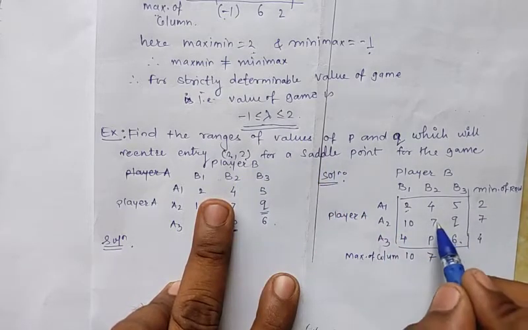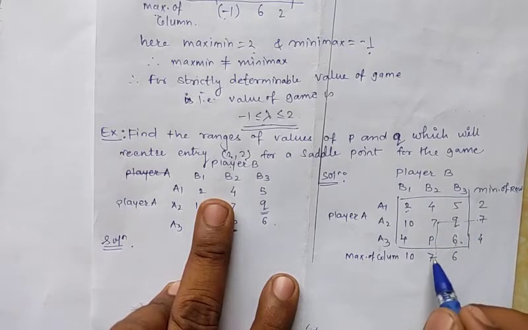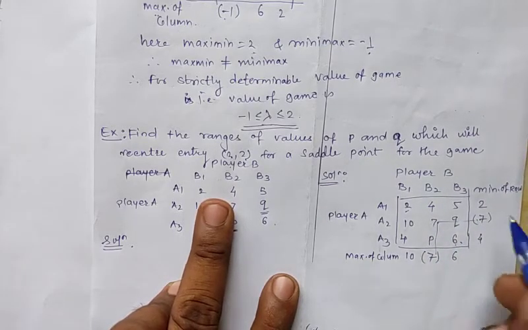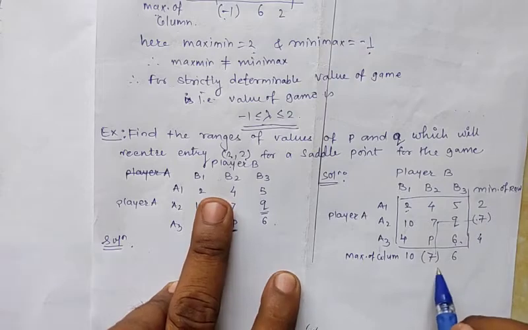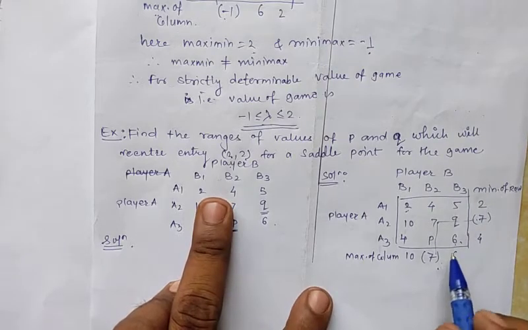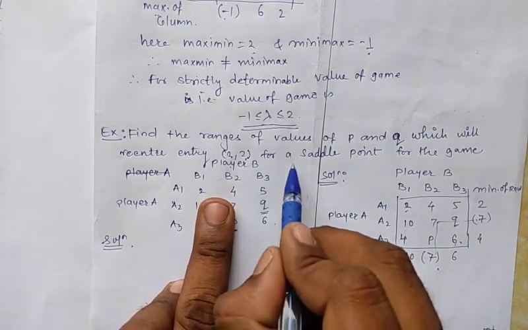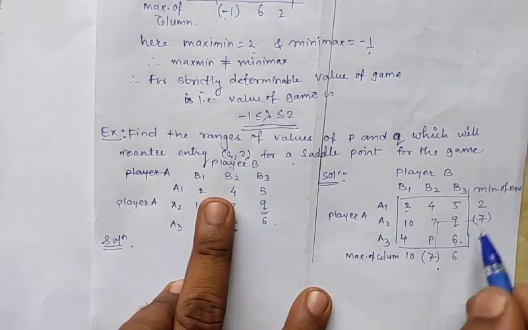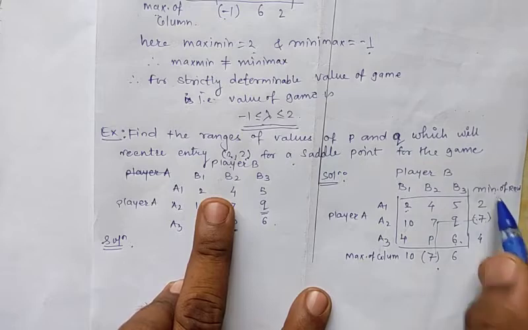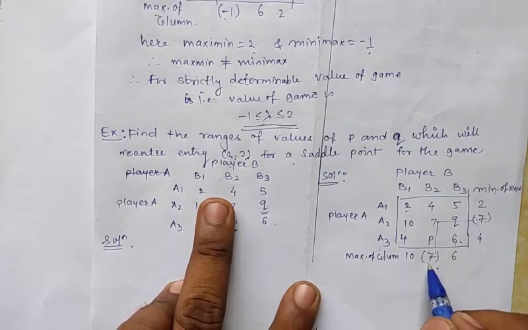So the intersection value will be 7, 7. So 7 and 7 will be the maxmin and minmax value. Why? Because the (2,2) entry is the saddle point. So this is the maxmin value and this is the minimax value.